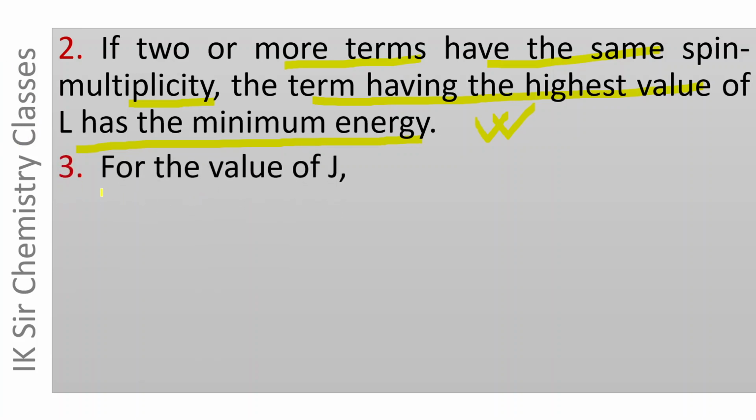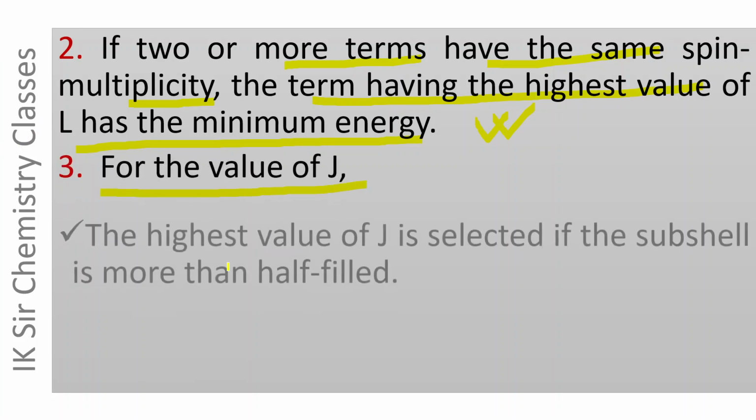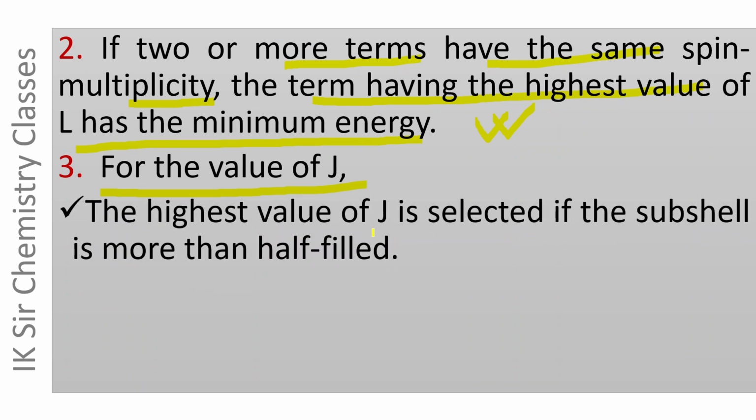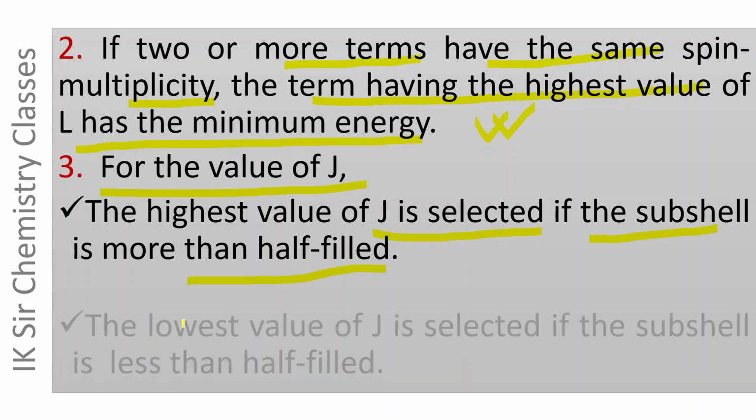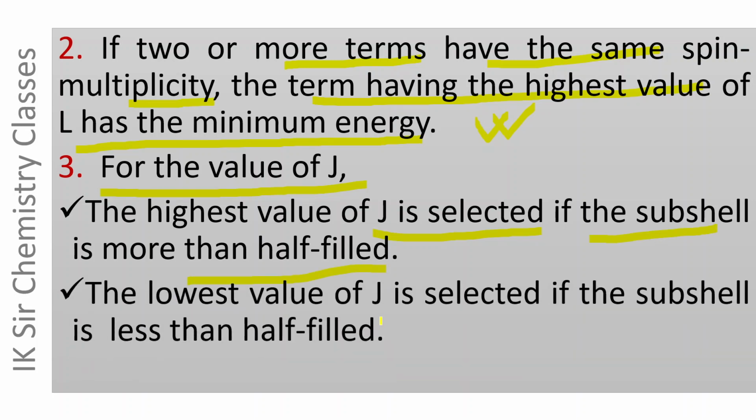And for the value of J, the highest value of J is selected if the subshell is more than half filled, and the lowest value of J is selected if the subshell is less than half filled.